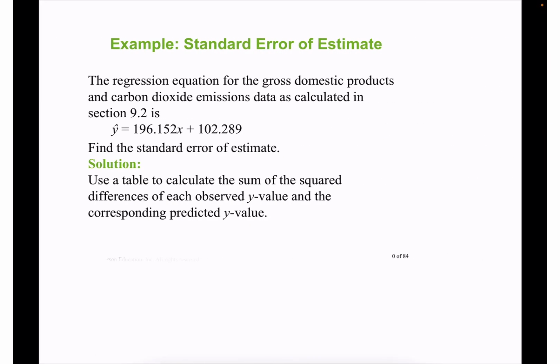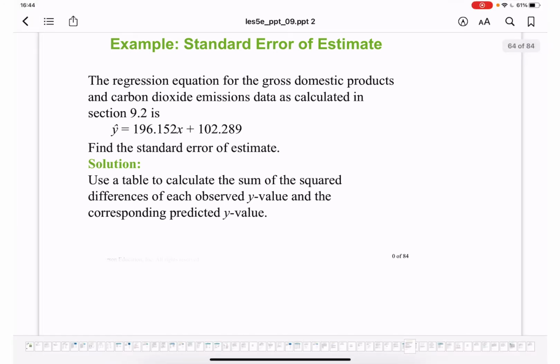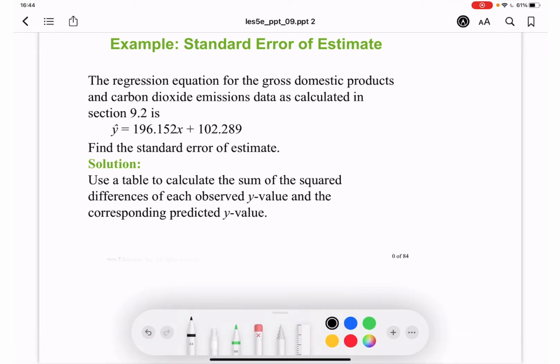Here it is. The regression equation for the gross domestic product and carbon dioxide emission data as calculated is, let me see.